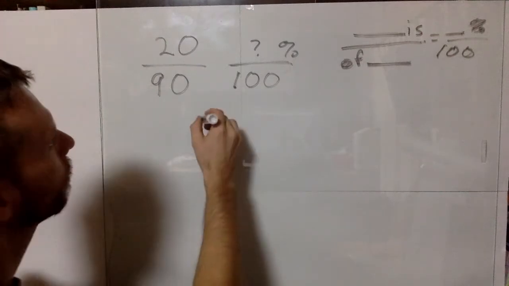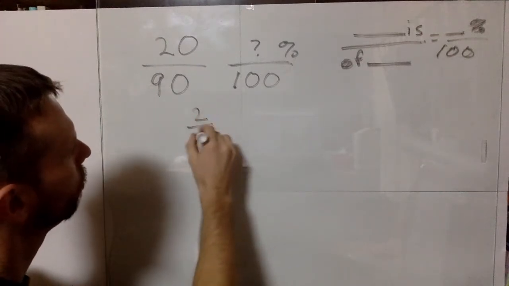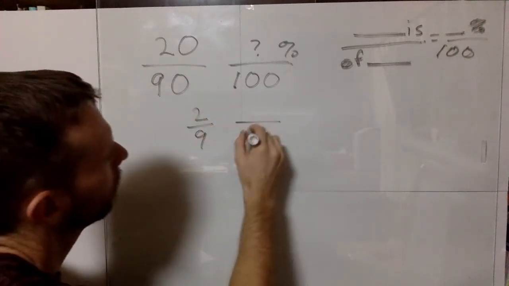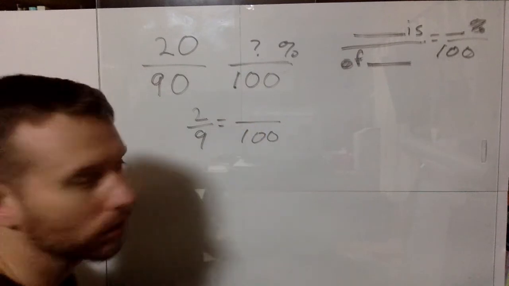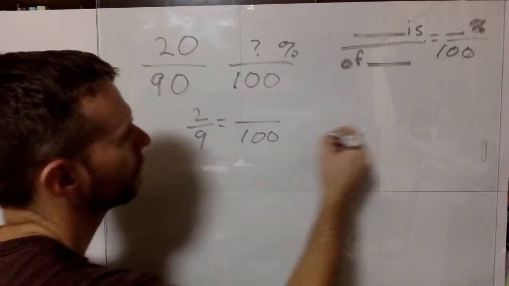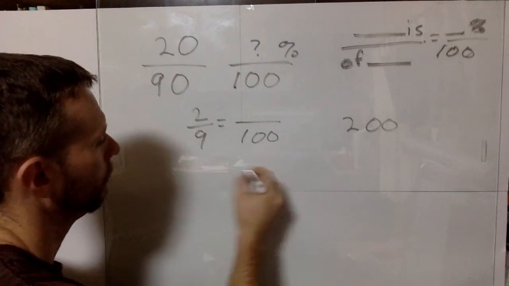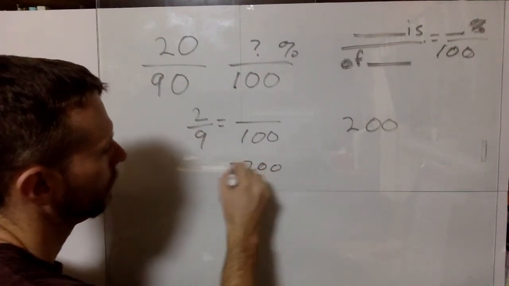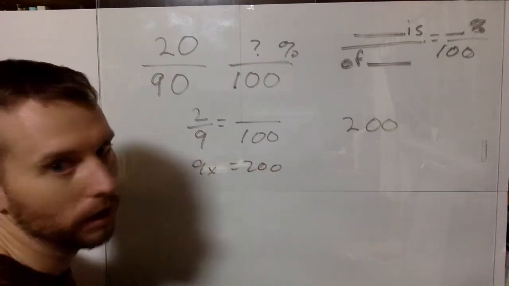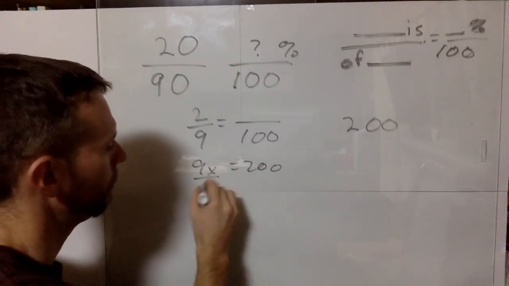So we have basically 2 over 9 equals what over 100, and then cross products is going to give me 200. I'll just write it here. 200 equals 9x. Okay, we're going to divide both sides by 9.